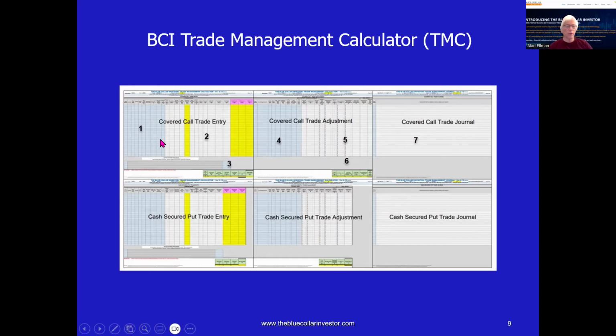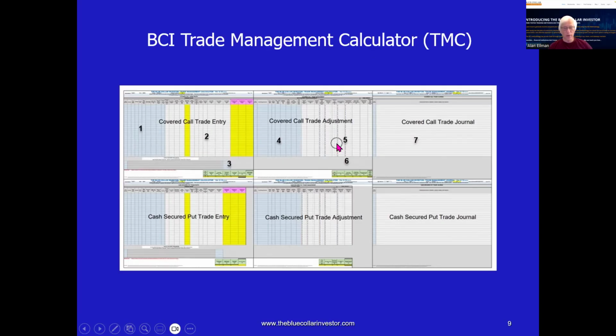So in section 1, we're going to enter the initial trade. And in section 2, we're going to get the initial calculations. And in section 3, you're going to get the initial calculations for the entire portfolio of all 6 positions. Now, what you're not going to see is section 4, which has over 20 different exit strategy adjustments inherent in the spreadsheet.